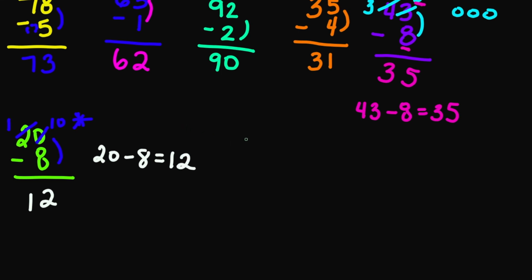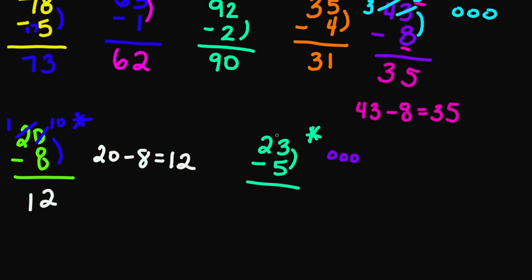Okay, let's try one more. Let's try 23 minus 5. Okay, first we're going to do 3 minus 5. Uh-oh, another red flag. If I have 3 marbles and I need to remove 5, I don't have enough, right? I can't do that, okay?